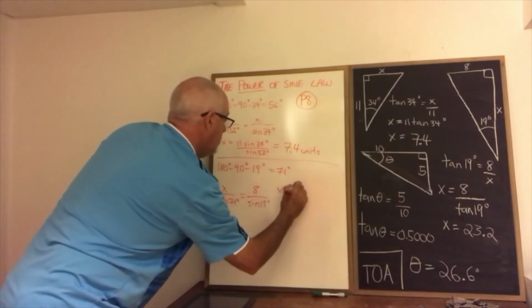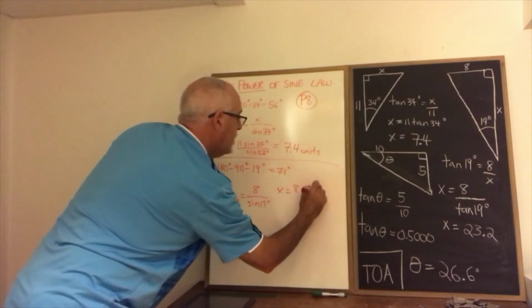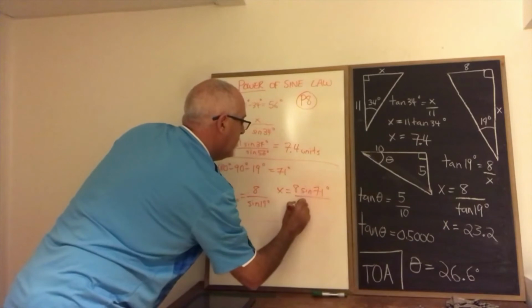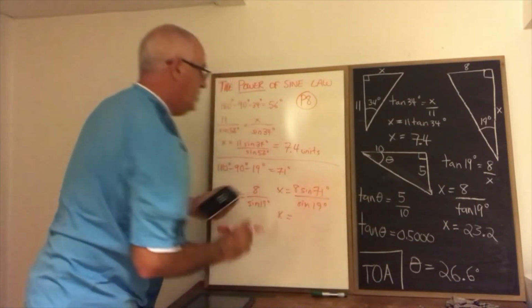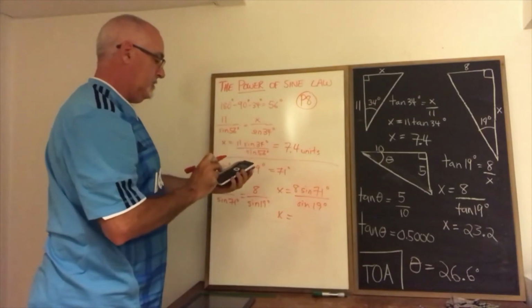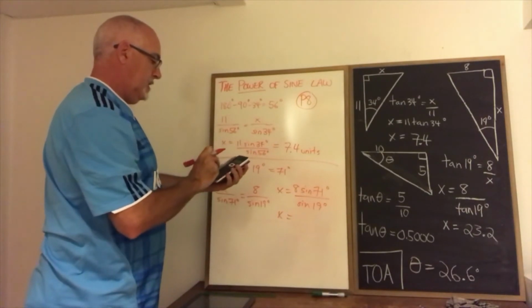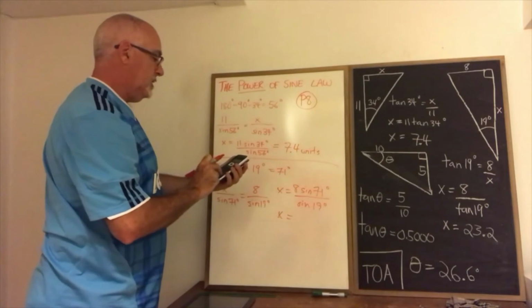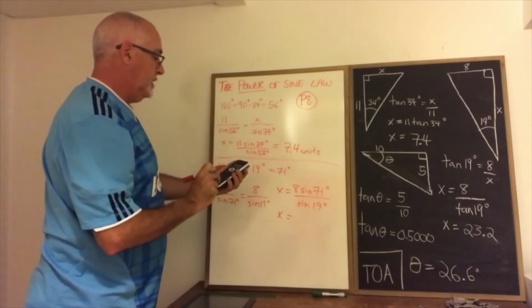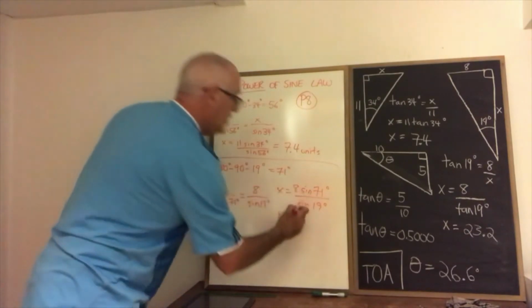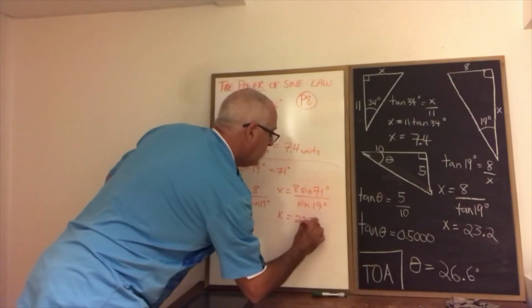X is equal to 8 times sine of 71 divided by sine of 19, which is 23.2 units.